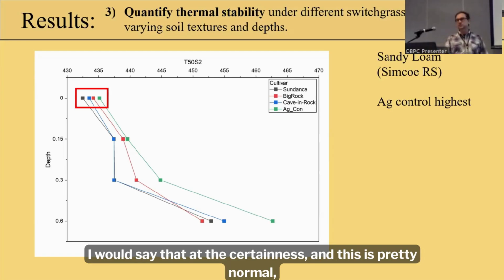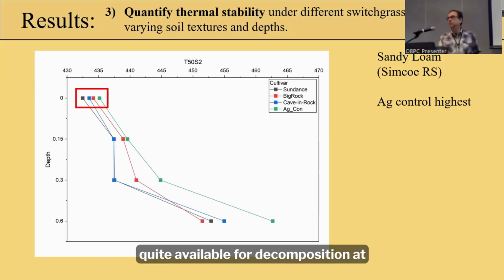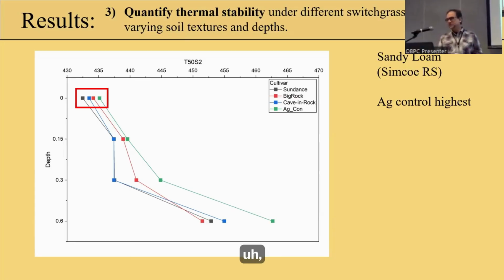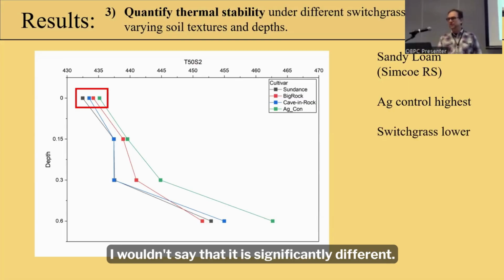I would say that at the surface, and this is pretty normal, your soils are quite available for decomposition. That temperature is low. Nevertheless, the agricultural control is highest. This significance is not 95 or 5%, whatever you want to call it, but it is a bit higher. I wouldn't say that it is significantly different.